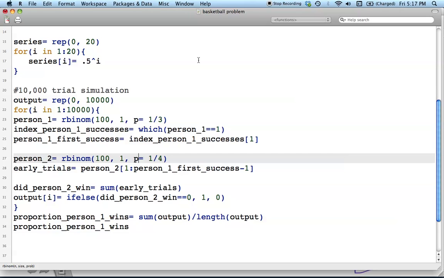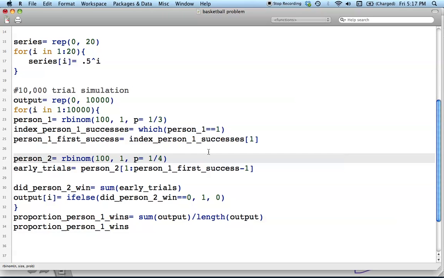Suppose that person 1 made their 4th shot. If they made their 4th shot, what I'm interested in looking at is the first 3 shots of person 2.